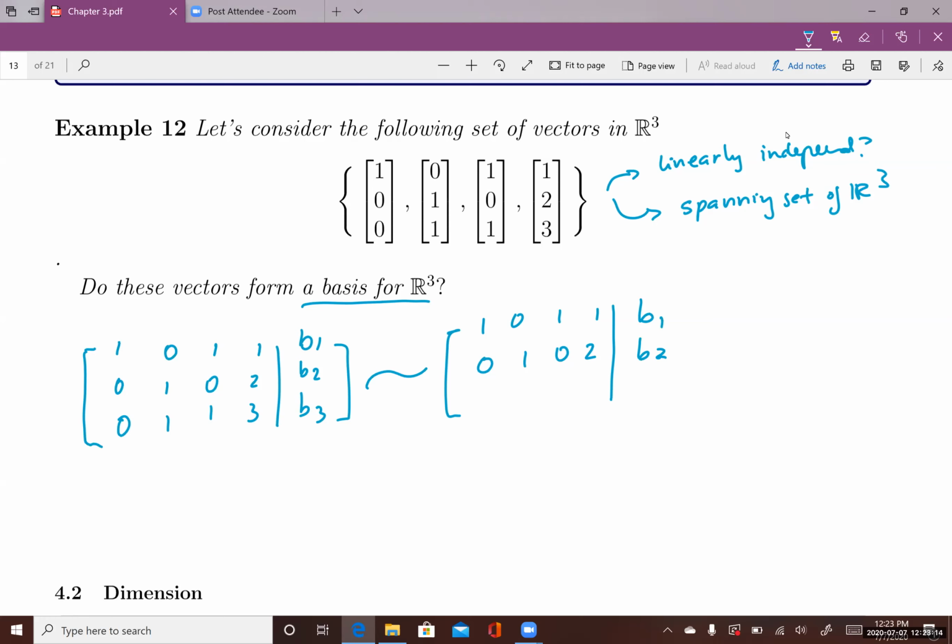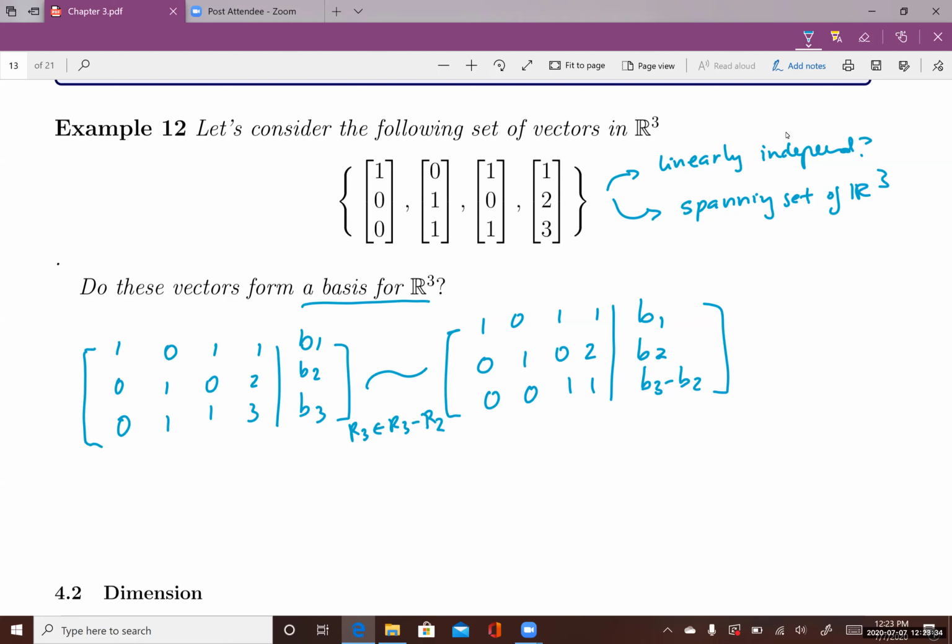And then R3 should be R3 minus R2: 0, 0, 1, 0, 0, 1, 1, 1, B3 minus B2. Okay. Now the third row is a pivot row already.